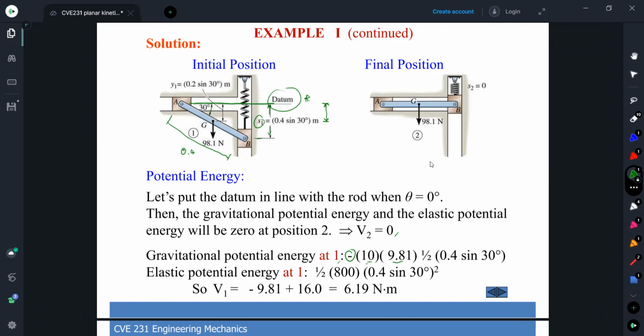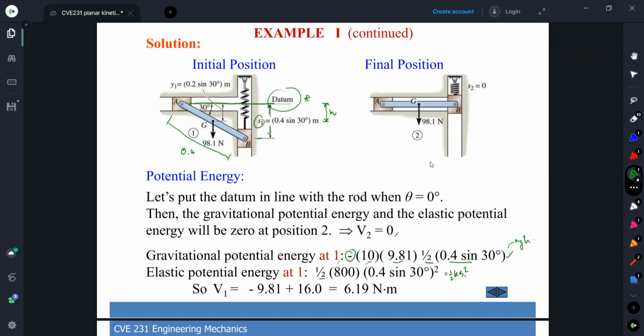In order to find the distance from the datum to the center of mass of the rod, h is a half of s1. So we can derive the potential energy due to gravity, mgh.